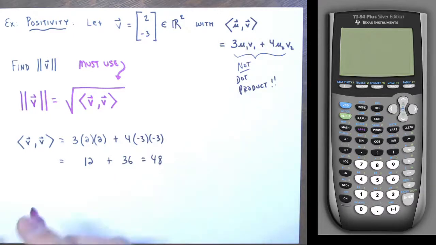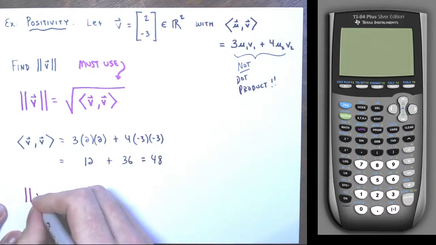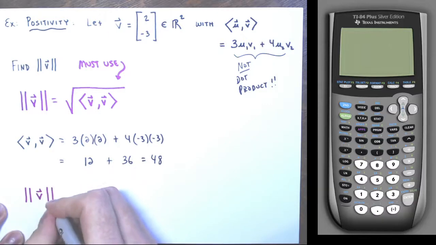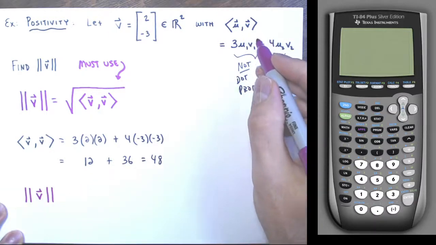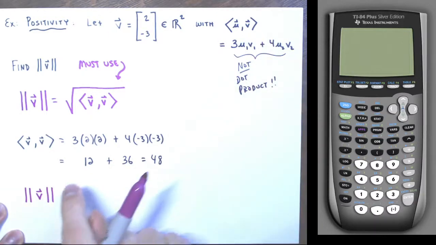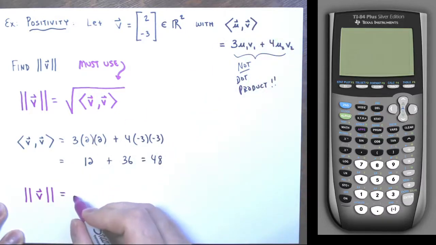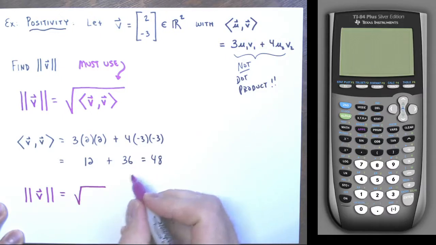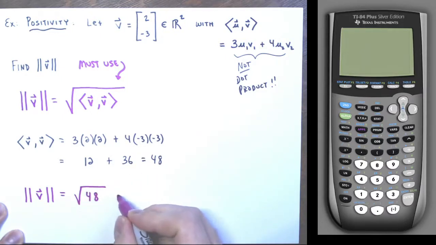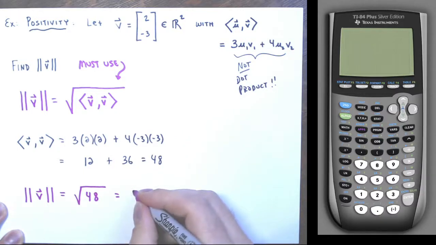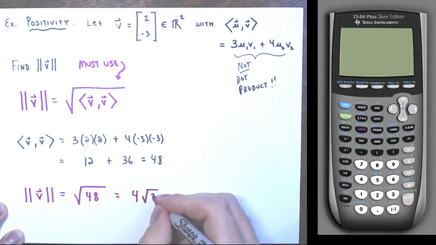So the norm of this vector under this inner product, you have to really pay attention, is the square root of 48. Or, you can break this up into the square root of 16 times the square root of 3. That's 4 times the square root of 3.